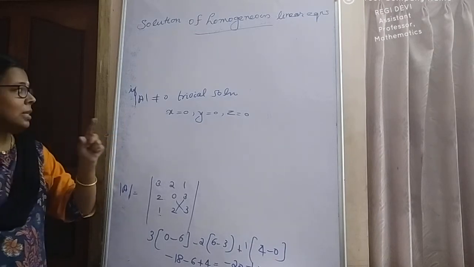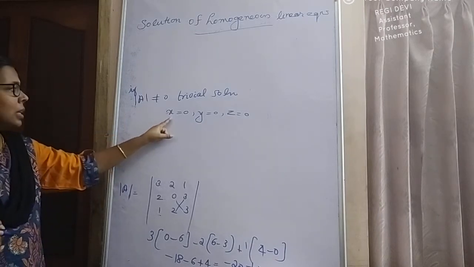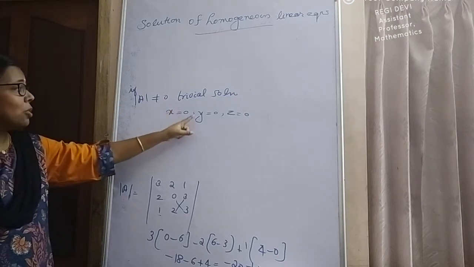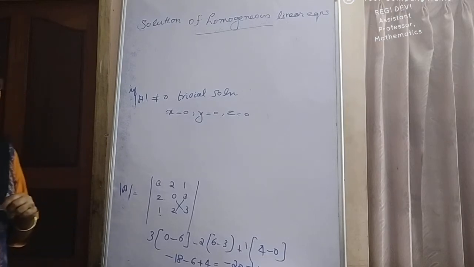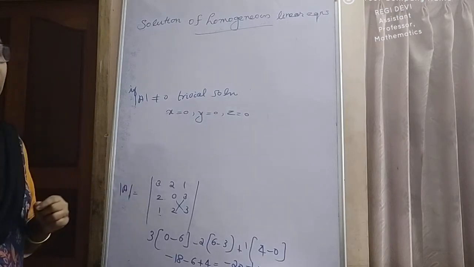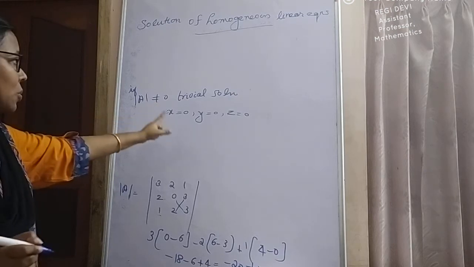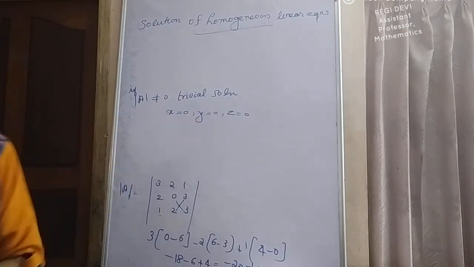If we get a unique solution, then the unique solution will be only the trivial solution. Non-trivial solution means a solution other than x equal to 0, y equal to 0 and z equal to 0, and we get infinite number of solutions. Here in this question, we get only the trivial solution, that is x equal to 0, y equal to 0 and z equal to 0.